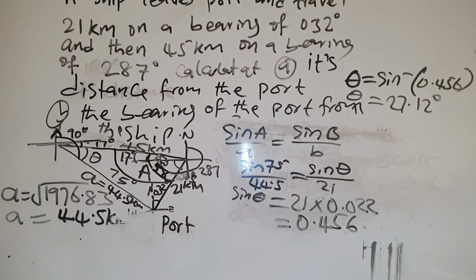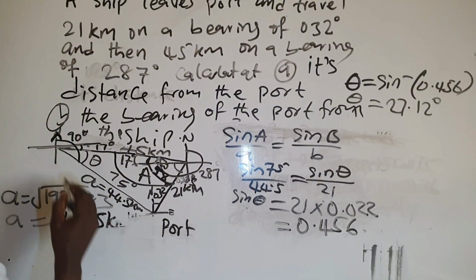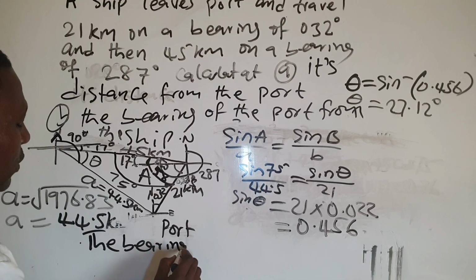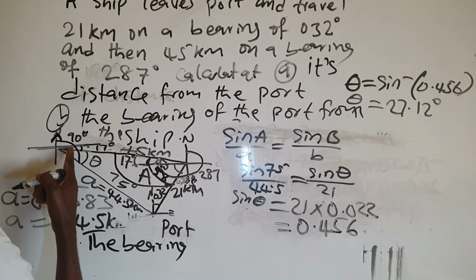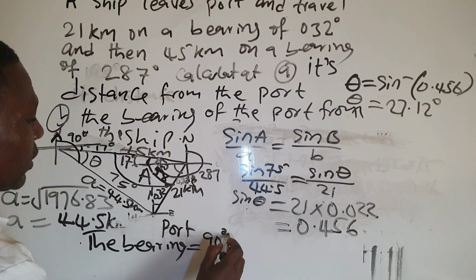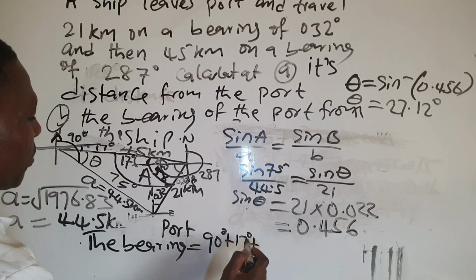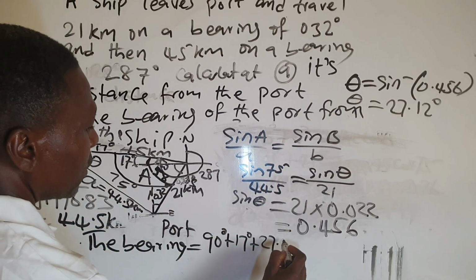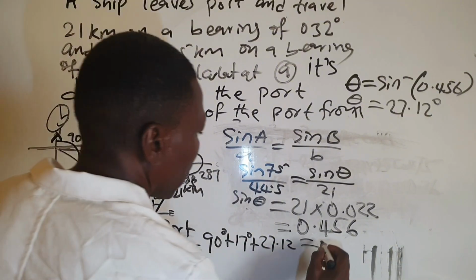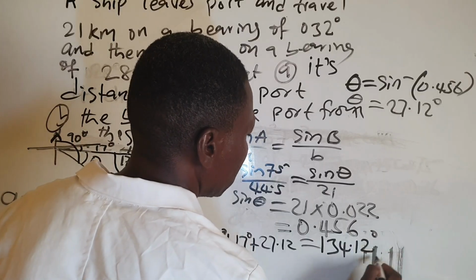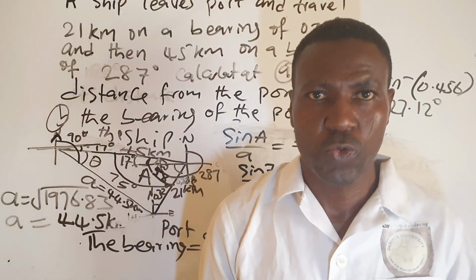Final answer, which is the bearing they are asking us, number B, the bearing of the port from the ship, is now equal to 90 degrees plus 17 degrees plus the one we just calculated, 27.12, which the final answer will become 134.12 degrees. So that is how to calculate it.